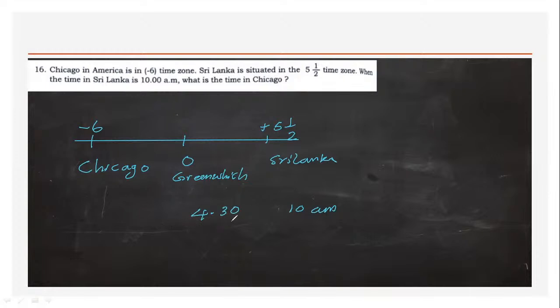If this is 4:30 and here, the previous day, we have to take the Chicago time. Then we subtract 6 hours, which gives 22:30 of the previous day.